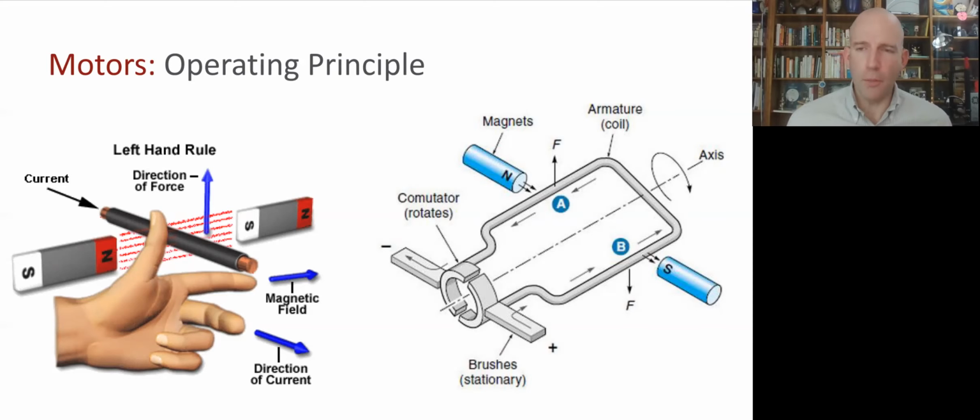And it all comes from this phenomenon that if you have a magnetic field and there's a wire in it and you run a current through the wire, that induces a force that tries to make the wire move. And the magnitude of the force will be proportional to the magnetic field strength, the current, and the length of the wire.